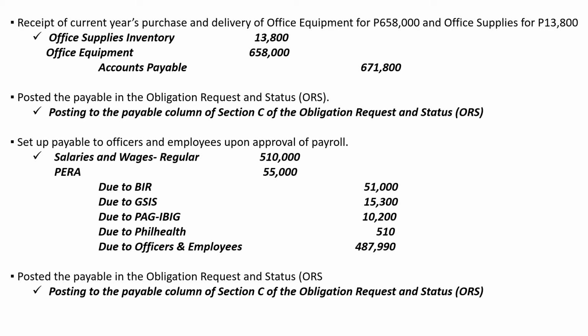And the withholding taxes, all remittances will be due to: due to BIR for the withholding taxes, 51,000, due to GSIS, 15,300, due to Pag-ibig, 10,200, due to PhilHealth, 510, and due to officers and employees, 487,990. So we will post the payable in the ORS. No journal entry, but rather we post to the payable column of section C of the ORS.